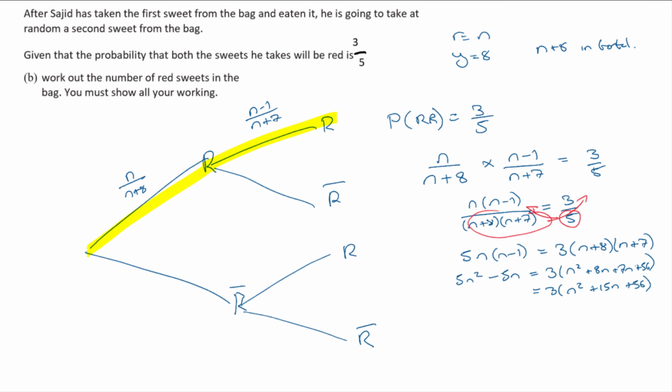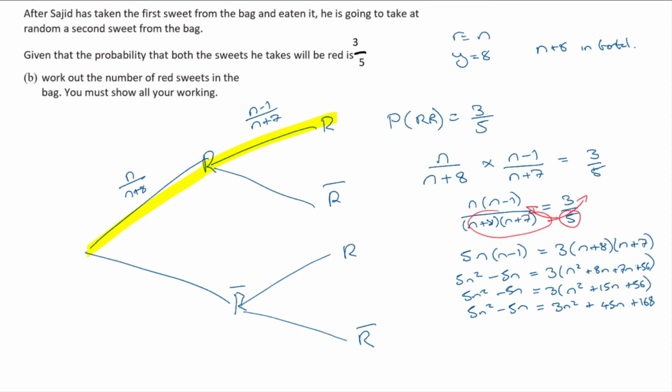Then removing the bracket, that's going to be 3n squared plus 15 times 3, which is 45n, and then 3 times 56 is 168. So that stayed the same in both of those.